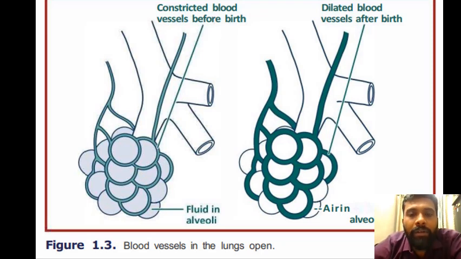Now after the baby has taken his first few breaths and cries, the vessels dilate, and the air can flow into the alveoli where oxygen will be absorbed and carbon dioxide will be removed, by the process of CO2 and oxygen exchange. Diffusion, gas exchange happens in the alveoli. Via this mechanism, that constriction is relieved by the incoming air.